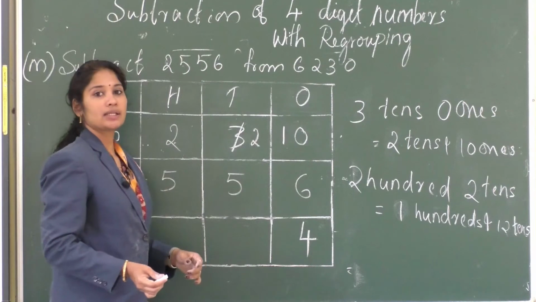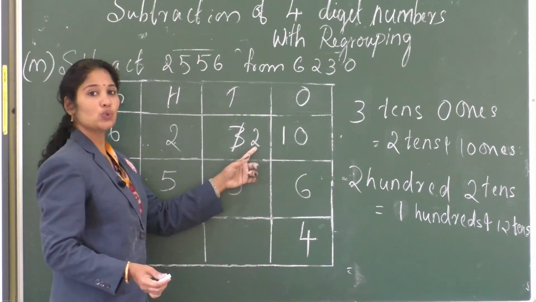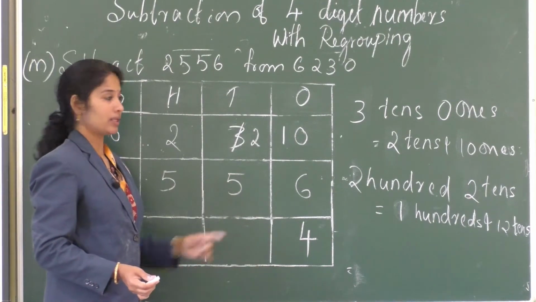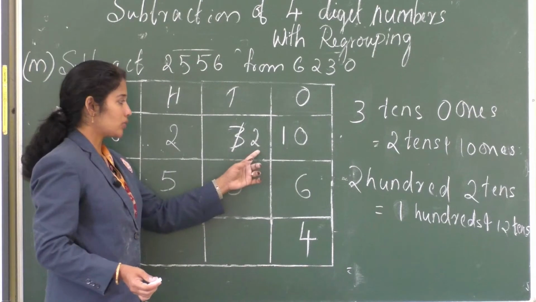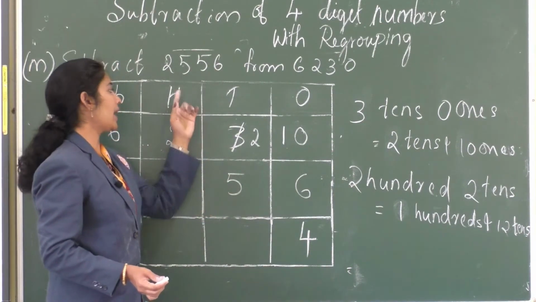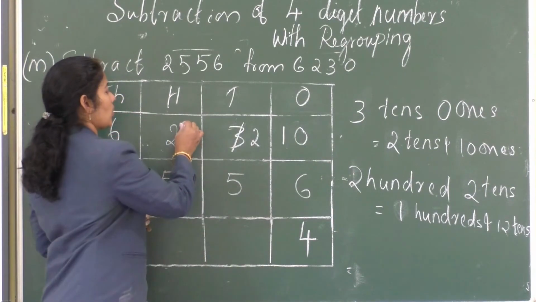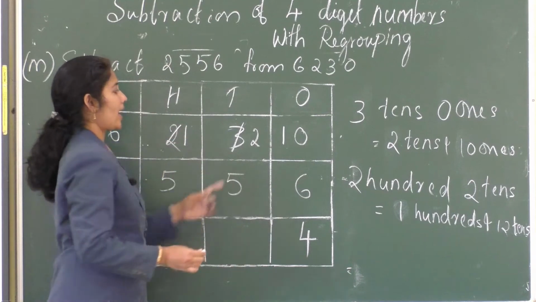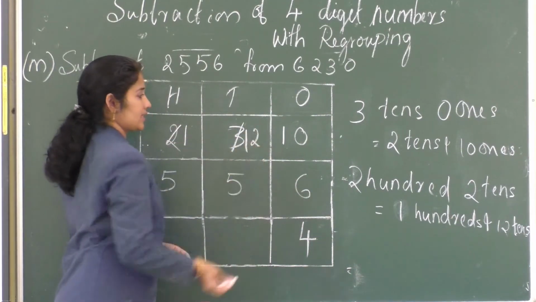Now which place? Tens place. Tens place we have 2 and 5. Yes, 2 is smaller than 5. So we have to borrow 100 from the hundreds place. So 2 will become 1 hundred and 2 tens become 12 tens.